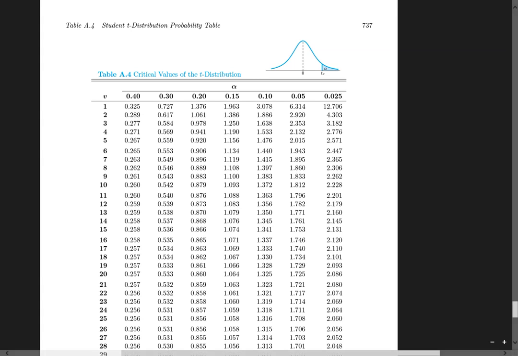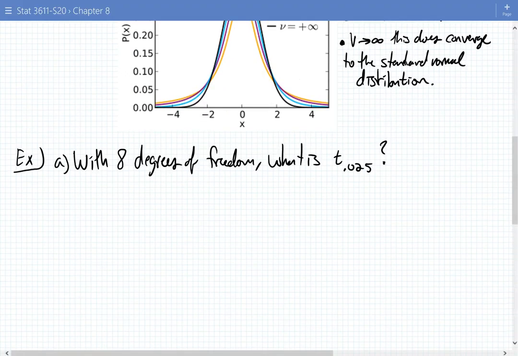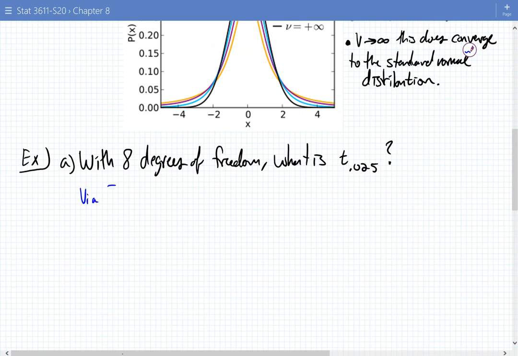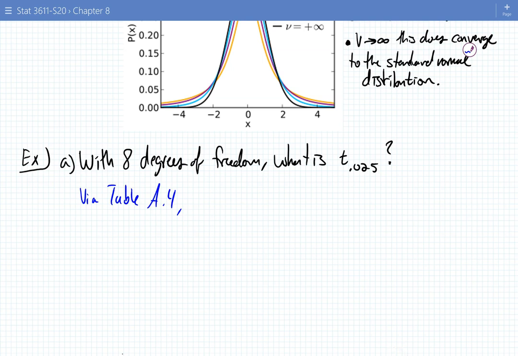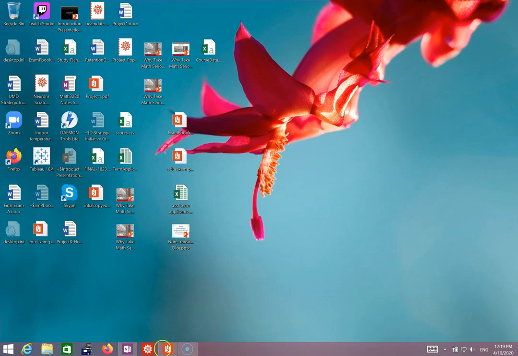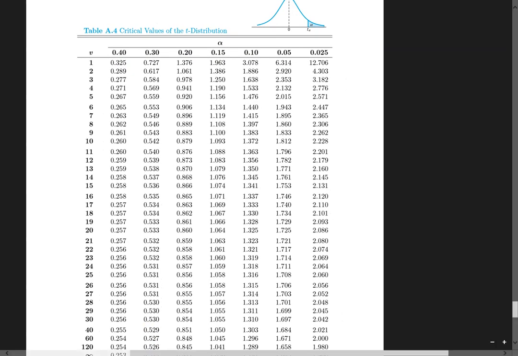T sub alpha, where alpha is the percentage area to the right. So we're going to use table A4. We need an area to the right of 2.5% with 8 degrees of freedom. This table is much like the table that we had with the chi-square distribution. V is 8 degrees of freedom, area 0.025 to the right. That is 2.306.